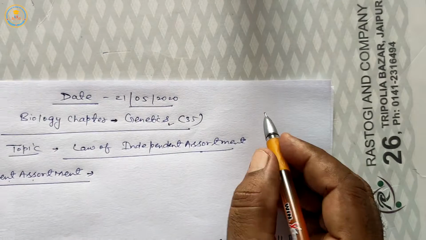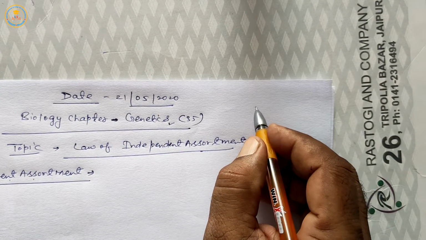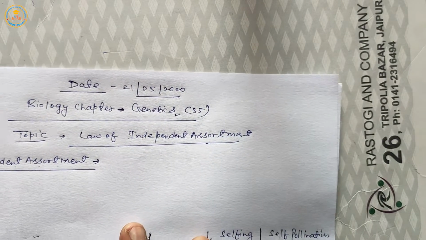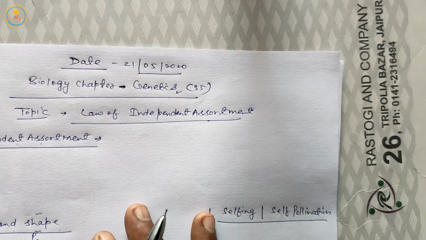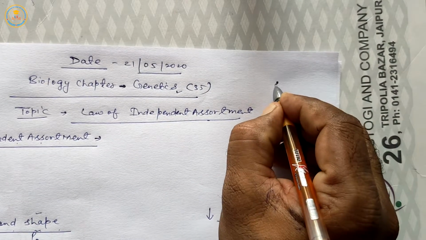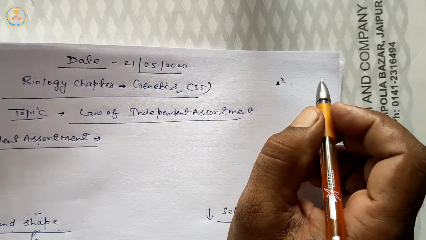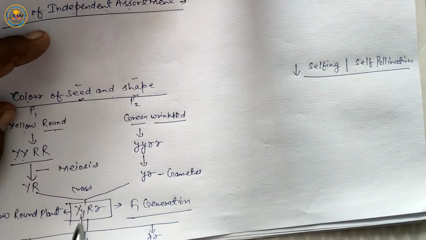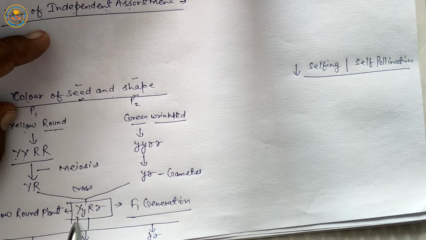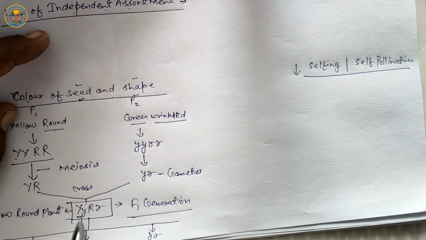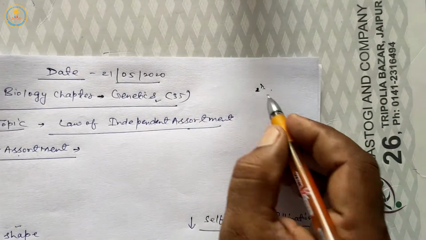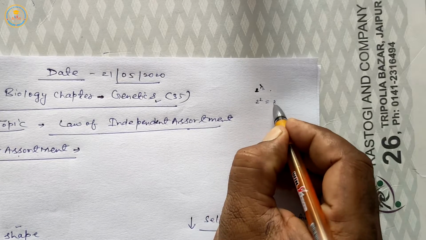Students, remember, the formula of formation of gametes is 2 to the power n. N means number of heterozygous in F1 generation. First heterozygous, second heterozygous, it means 2 squared.